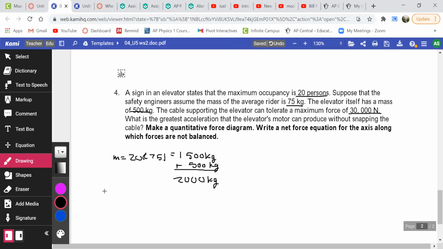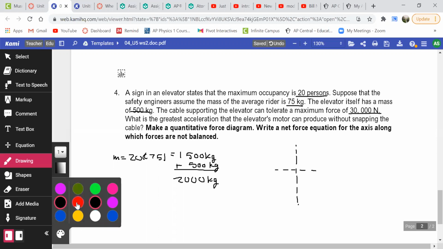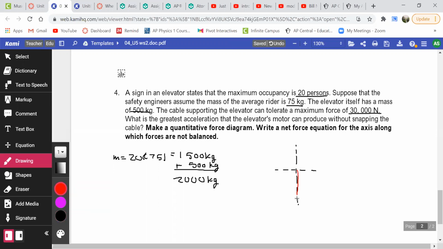So then you could say, well, what's my free body diagram? Let me not do it right there. I'll do it over here. And of course, we've got the force of gravity of that elevator and the people. Then we're going to have the force of tension upward supporting that.